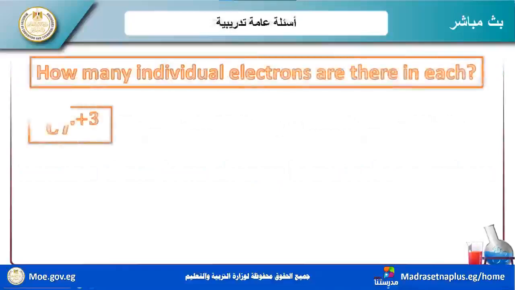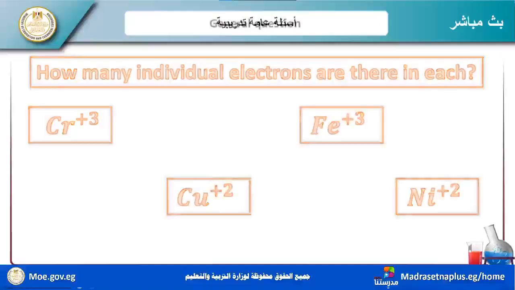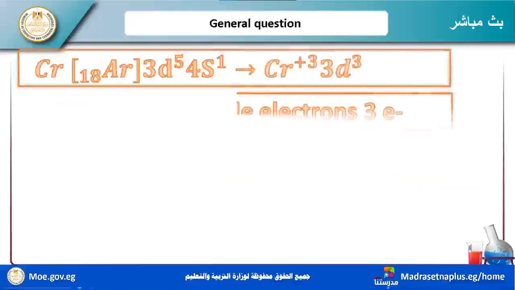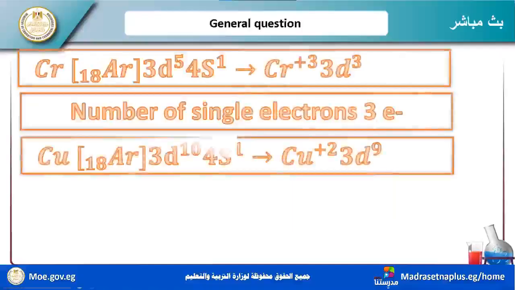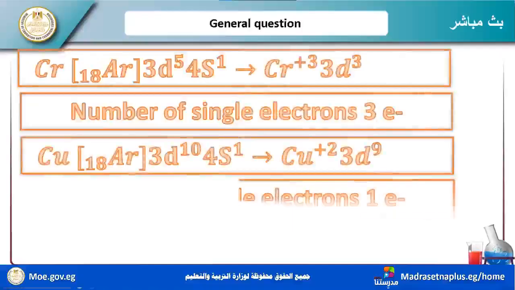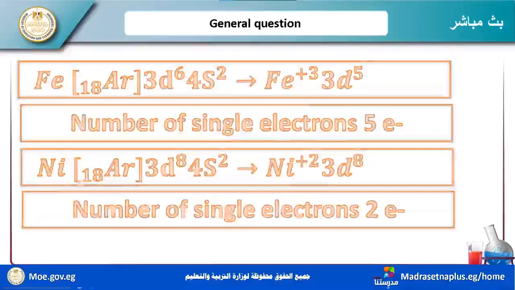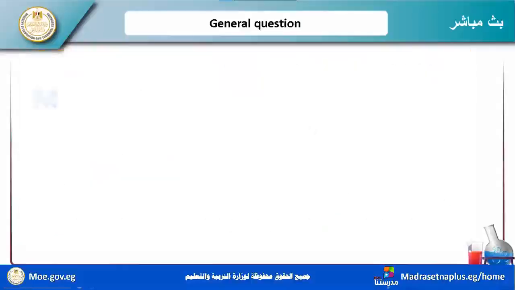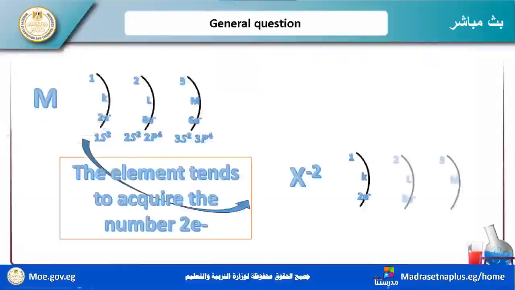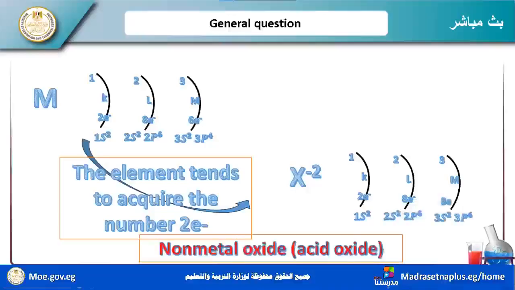Now we have many examples that I taught before in this section, and we know the number of electrons in this equation is 4, and you can conclude that from these reactions.